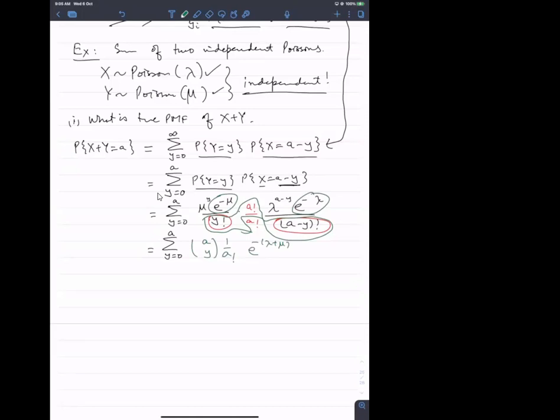And then you have mu power y and lambda power a minus y.